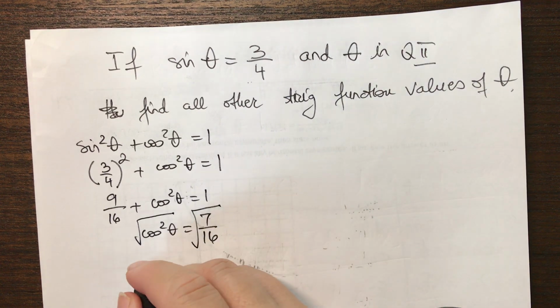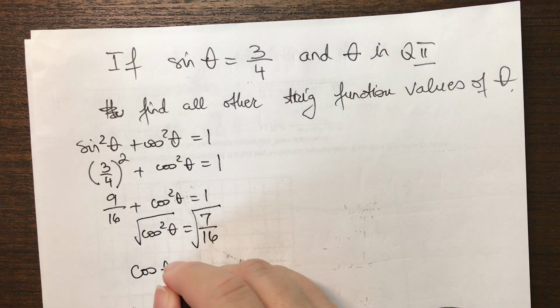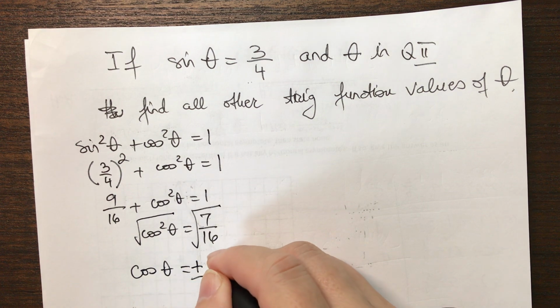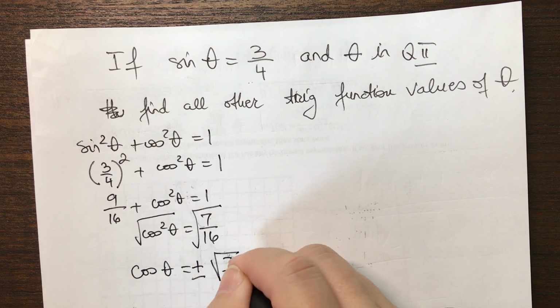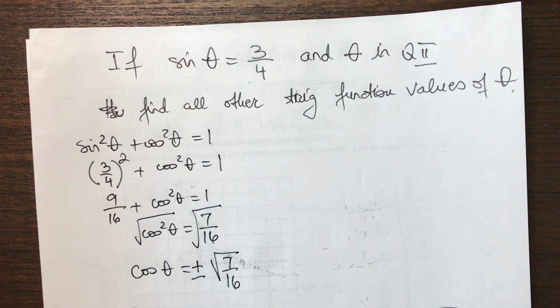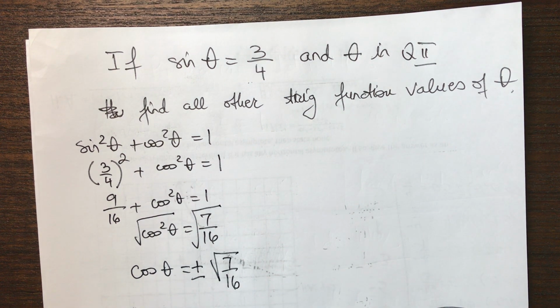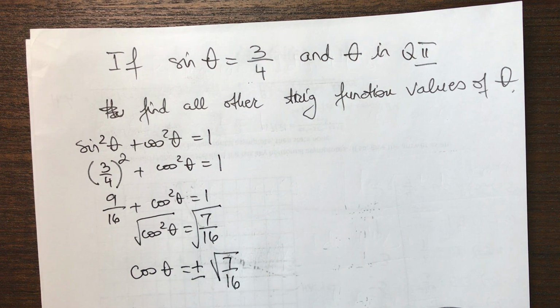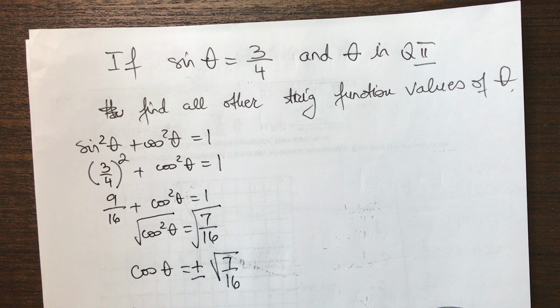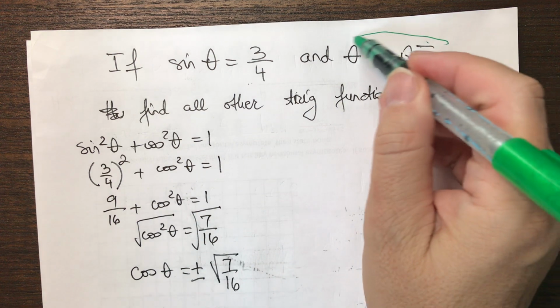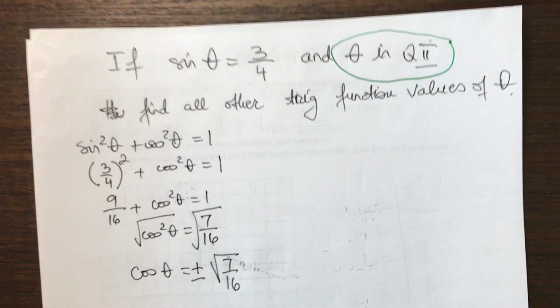Okay, so remember, the square root property always gives you two answers to this quadratic equation. So you have to write plus or minus. Now here comes the key important fact. How are you going to decide on the sign? Because it should just be one answer. Right here, we were told that theta is in quadrant 2.